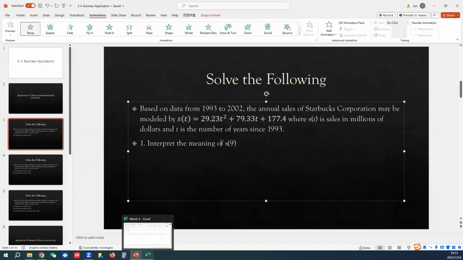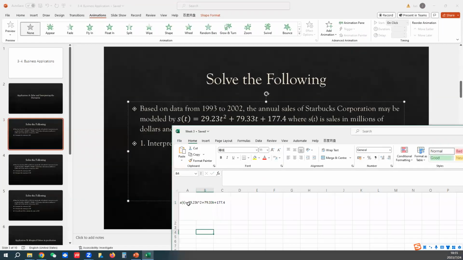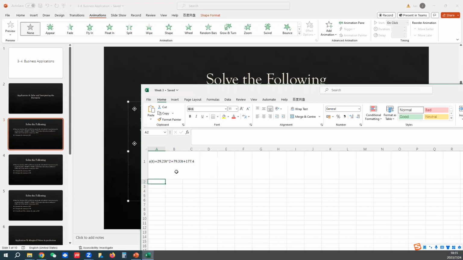So now let's calculate the value. Here we can utilize Excel to do the job. I've copied and pasted this function already. So here we have a T, and here we have S(T), which equals 29.23 multiplied by T squared, plus 79.33 multiplied by T, plus 177.4.